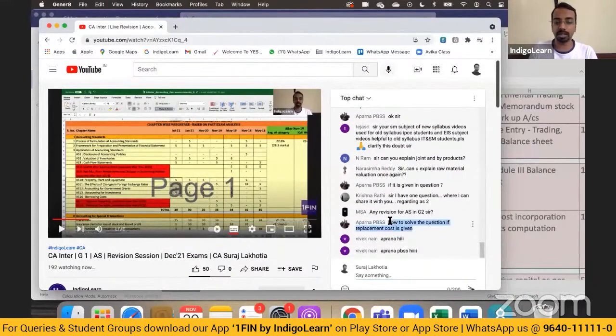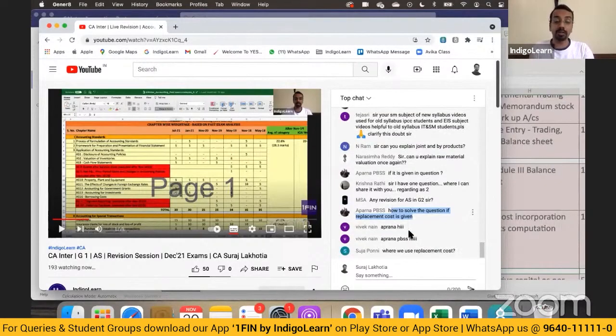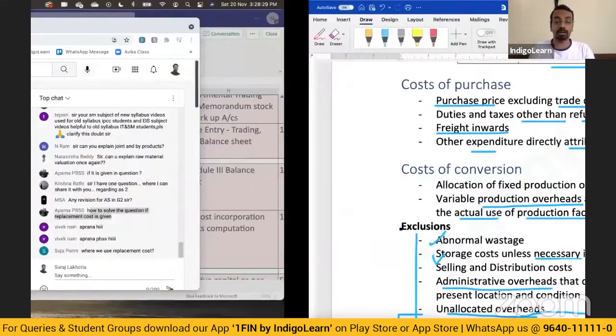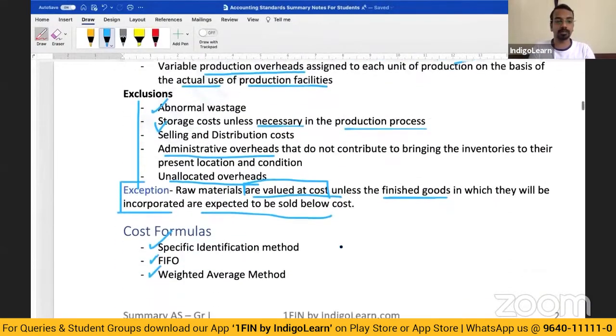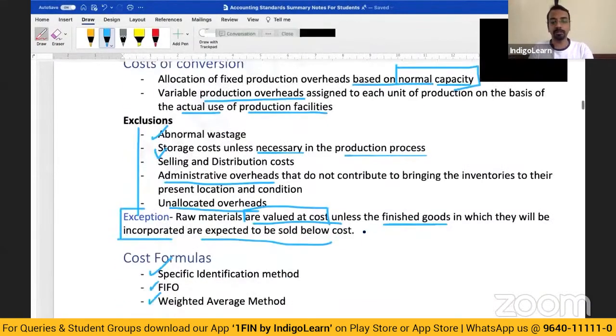If replacement cost is given, how to solve the question? If replacement cost is given, then you have to check whether finished goods are being sold at less than the cost. If finished goods are being sold at less than the cost, then you will value raw materials at replacement cost. So let me write it down here so that it is clear for you.